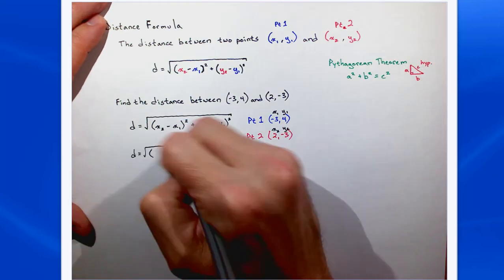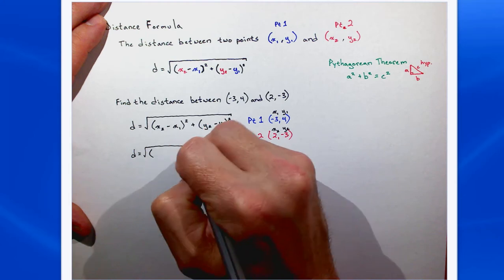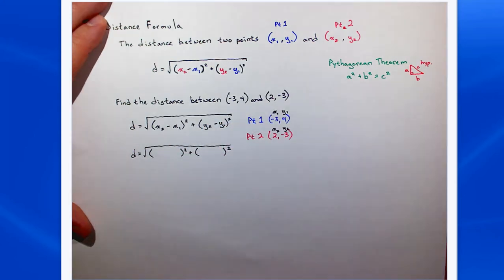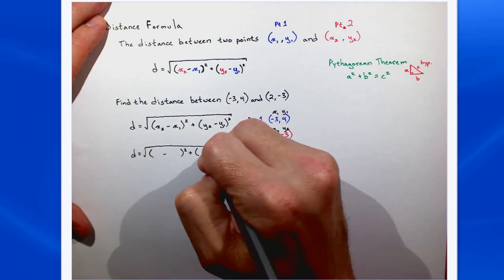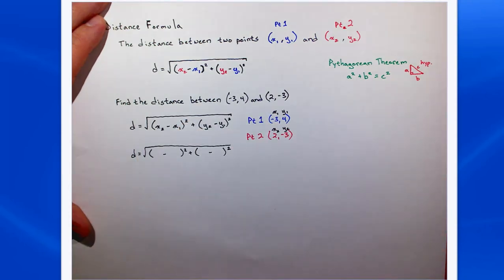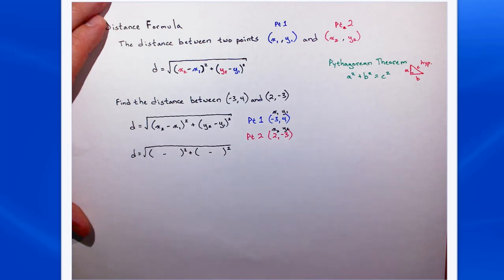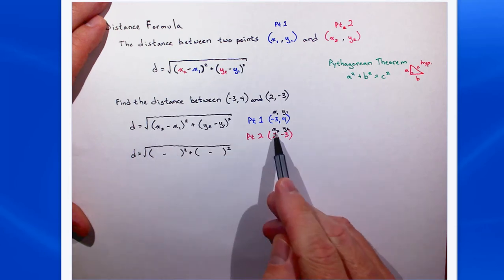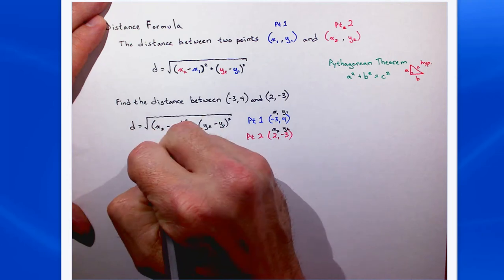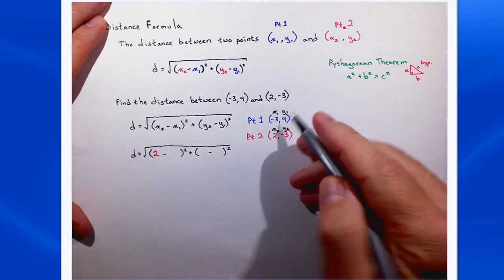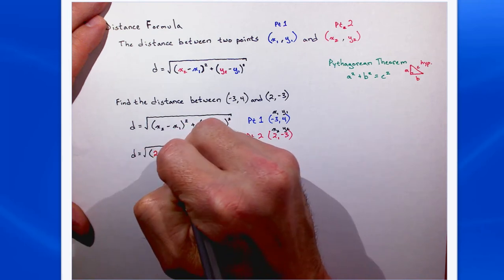So I'll go ahead and write these out. I have x sub 2, so that's 2, minus x sub 1, there's x sub 1, and -3.